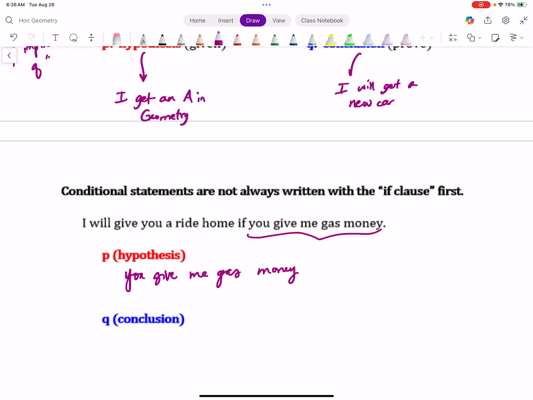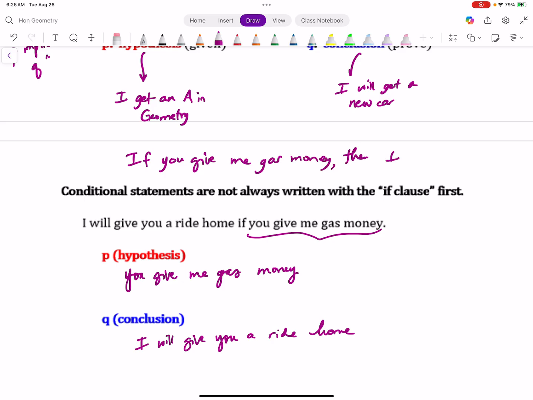And what will that conclude? What's the conclusion? What will be implied by that is that I will give you a ride home. But again, it's helpful, I think, if it's rewritten: if you give me gas money, then I will give you a ride home.